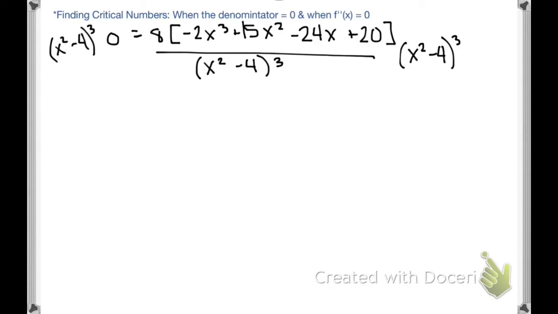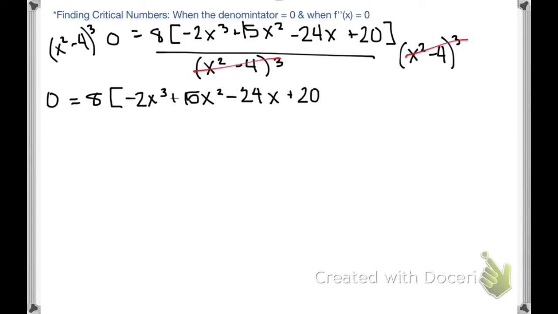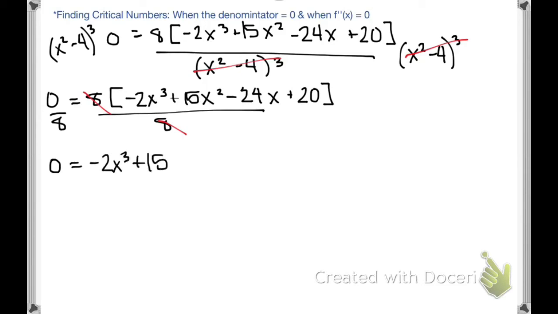And when we do that, it's just going to give us 0 is equal to 8 times negative 2x cubed plus 15x squared minus 24x plus 20. And we divide that by 8 on both sides. And we're just going to get 0 is equal to negative 2x cubed plus 15x squared minus 24x plus 20.